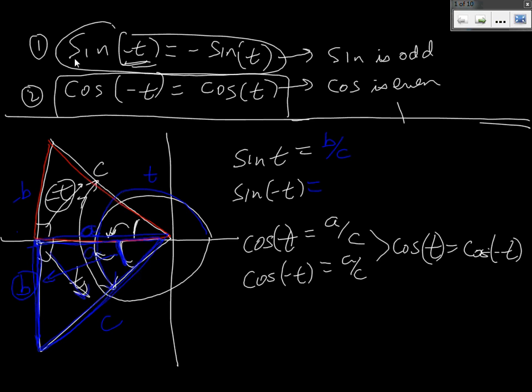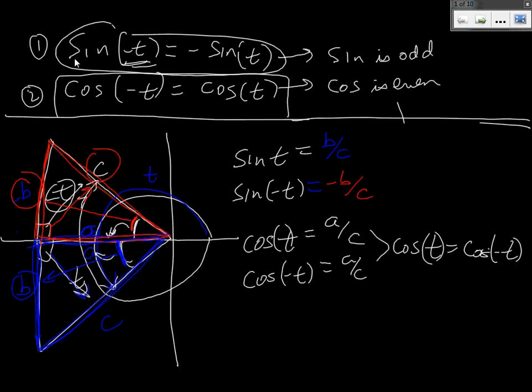And the sine of negative t, well, negative t is associated with the right triangle in red. And this here is the reference angle. The sine is opposite, which is negative b, divided by the hypotenuse, which is c.